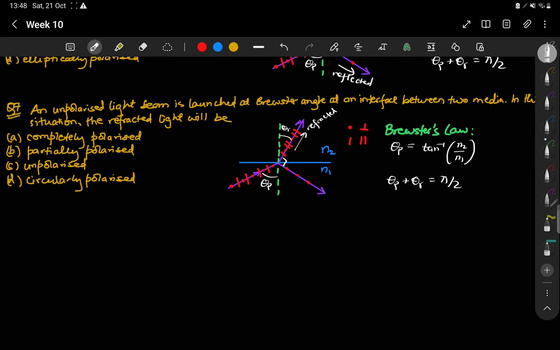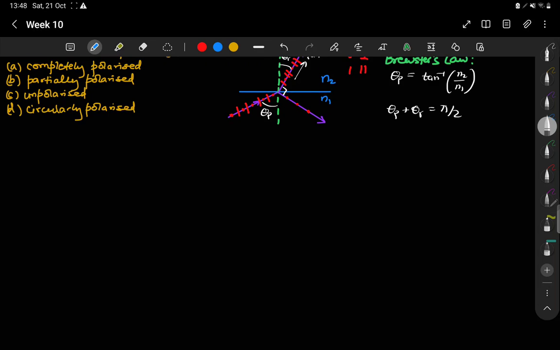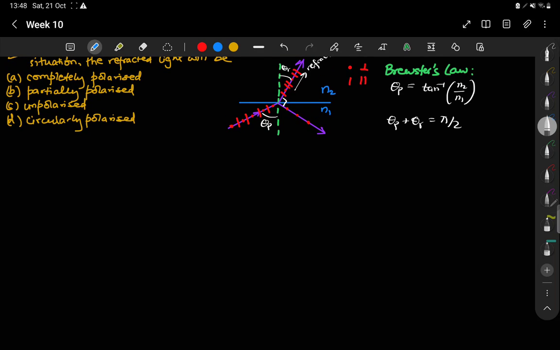Now what we can do is, even in refraction we can create a nearly polarized light beam. And how do we do that? We do that by adding multiple interfaces. So what we will do is, we will have many interfaces.